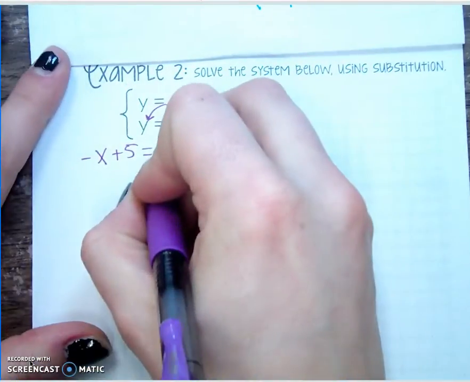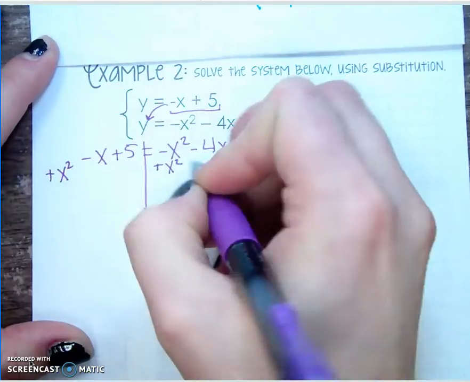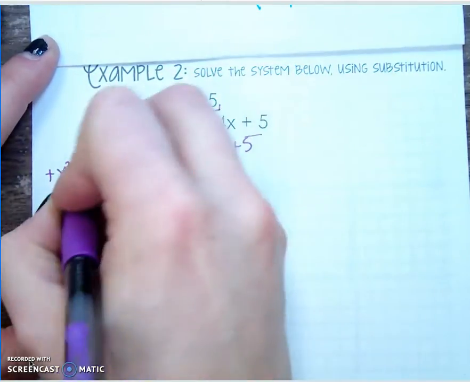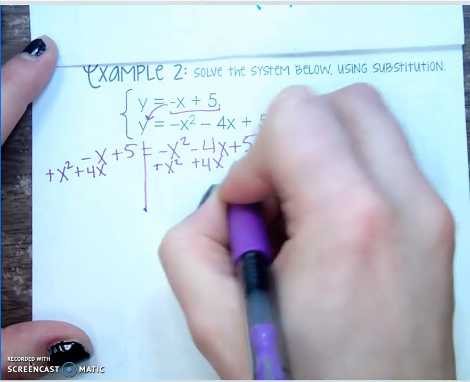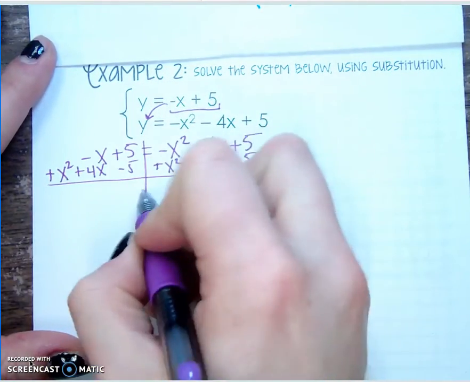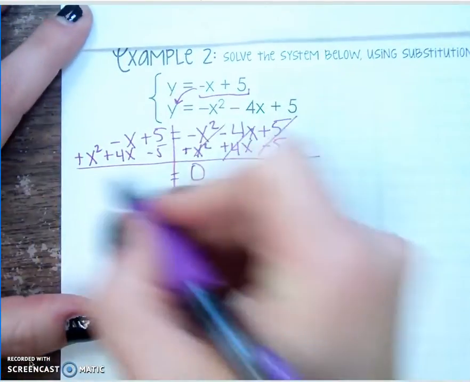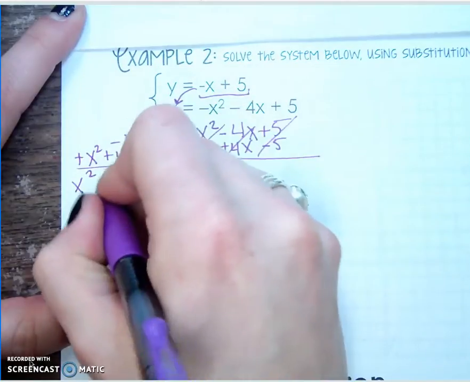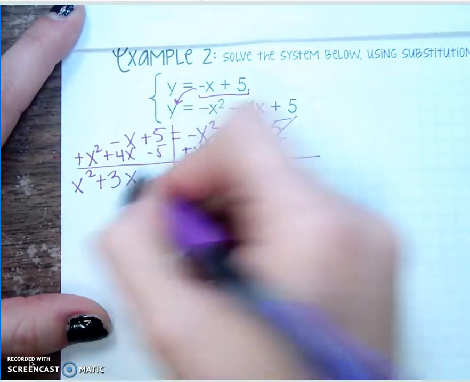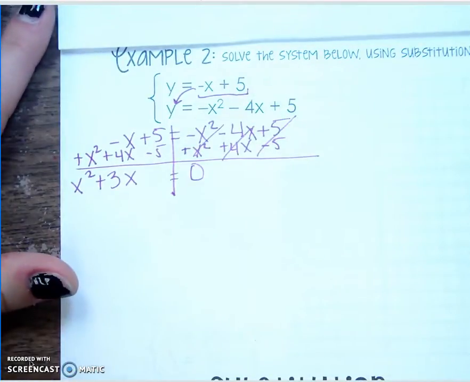So I'm going to add x squared, add 4x, and subtract 5. Now nothing's left on that side, they all canceled out. I have x squared plus 3x, plus 0, which I don't even need to write.